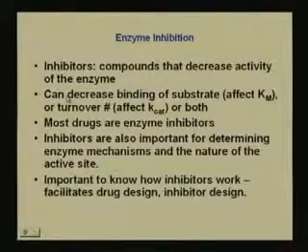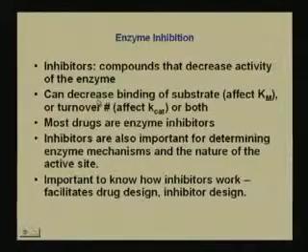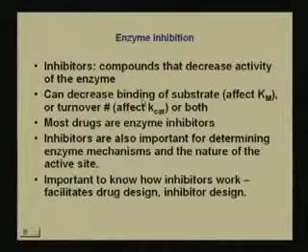Okay? Now, how can they decrease the activity of the enzyme? They have to affect the efficiency of the enzyme. They decrease the efficiency of the enzyme by doing what? They can affect the Km value or the Kcat value or both of the values. Okay? So, we have to decrease the binding of the substrate.